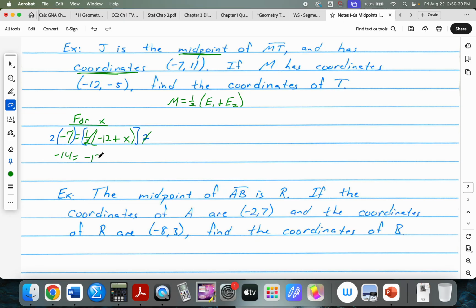So we just have -12 plus x. Add 12 to both sides. Since we're adding a positive and a negative together, we'll subtract. It gives me 2, but the negative was bigger, so this is -2 is my x coordinate.